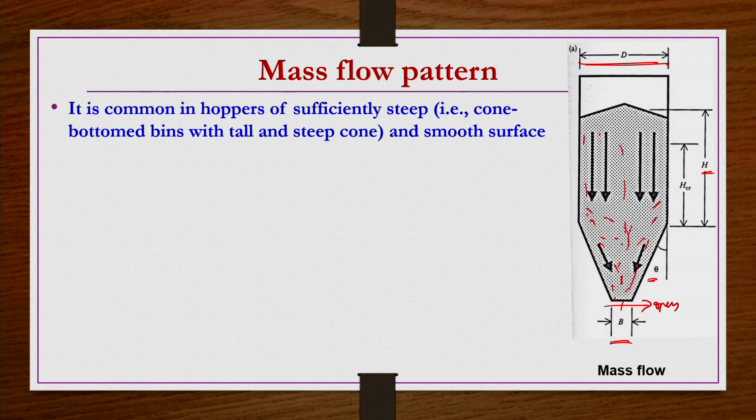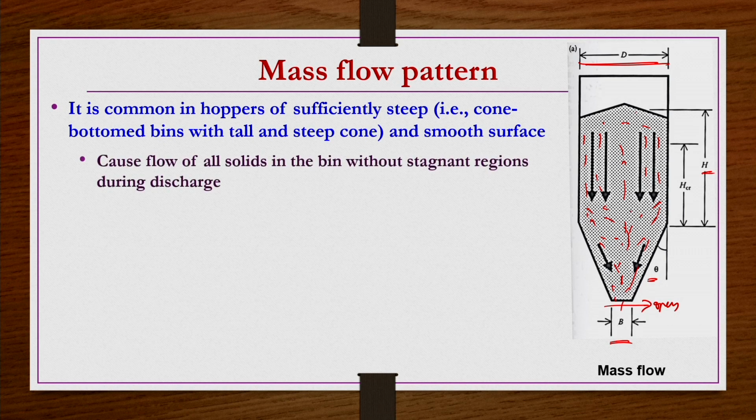Any kind of restriction is not going to occur, and there will not be any obstruction in the flow, so you can have a smooth flow without any stagnation. Stagnation in the sense that sometimes some material may stick to a wall and bridging may also take place. Those kinds of problems are there in some other geometries, but when you have the mass flow pattern, those things are not going to occur.